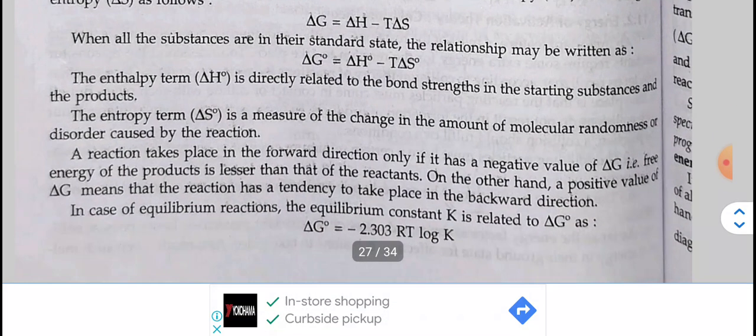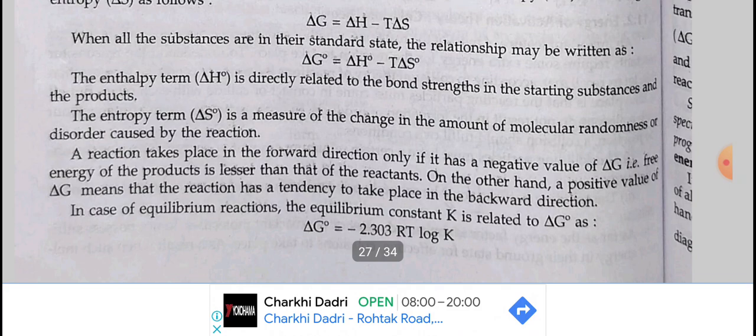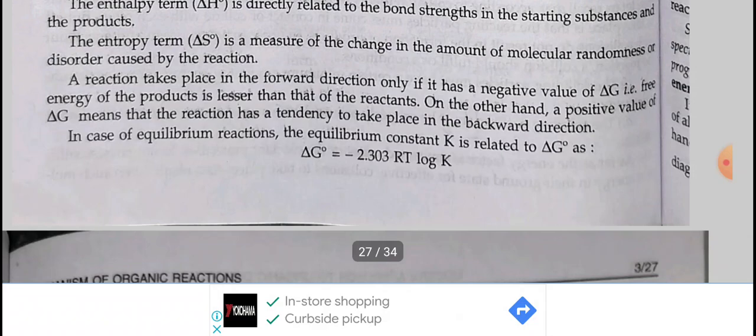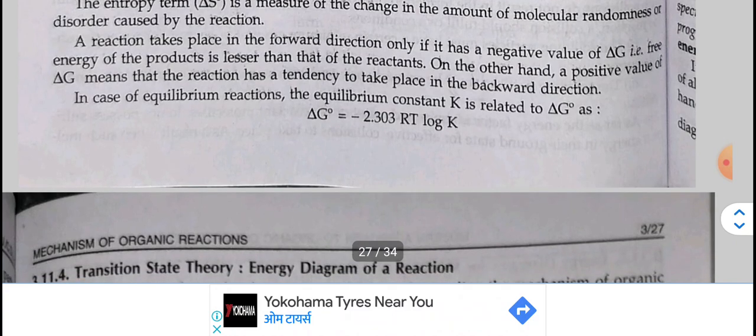The entropy term, delta S naught, is a measure of change in the amount of molecular randomness or disorder caused by the reaction. A reaction takes place in the forward direction only if it has a negative value of delta G, that is, the free energy of product is lesser than that of reactant. On the other hand, a positive value of delta G means the reaction has a tendency to take place in the backward direction. In case of an equilibrium reaction, the equilibrium constant K is related to delta G naught as delta G naught equals minus 2.303 RT log K.